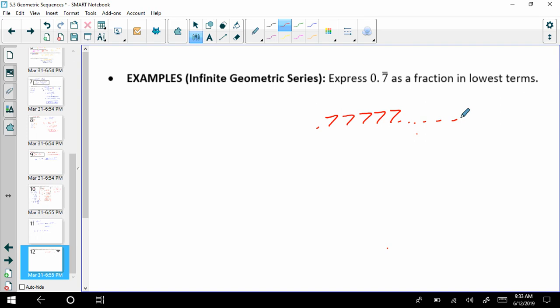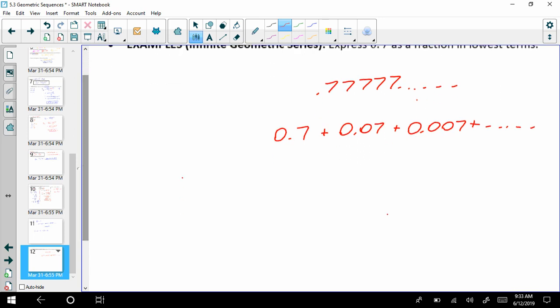If I wrote this as a sequence, I could think of it as 0.7 plus 0.07 plus 0.007 plus, and so on. Because if I start adding these together, I'm going to get 0.7777, and so on.